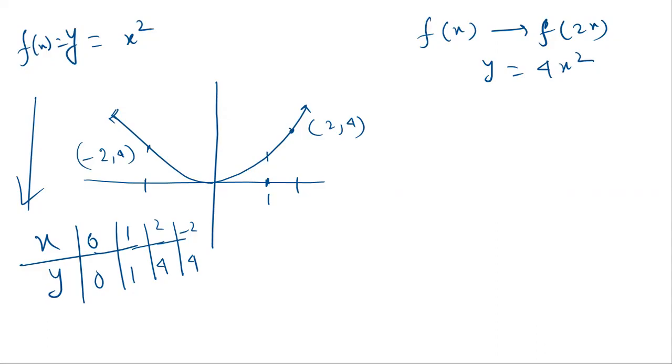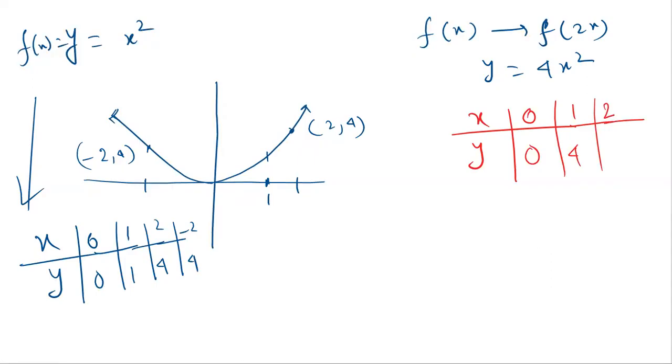Now for these same values, let me draw in the red color. If you take x as 0, this will become 0. For x is 1, this will become 4. And for x equal to 2, this will become 16. And if it is -1, this will become 4. That means the graph is getting contracted along the x-axis.